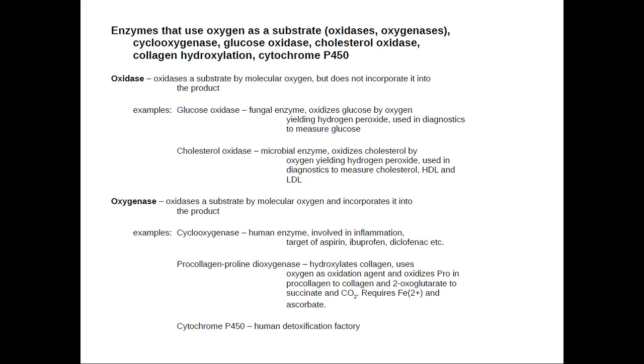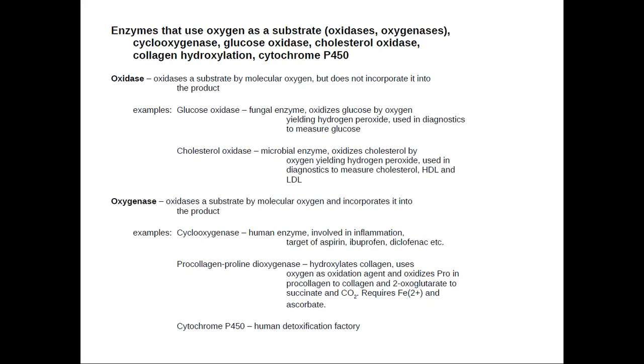And for measurement of glucose concentration, the enzyme called glucose oxidase is usually used. This enzyme oxidizes glucose to gluconolactone using molecular oxygen, and oxygen is reduced to hydrogen peroxide.